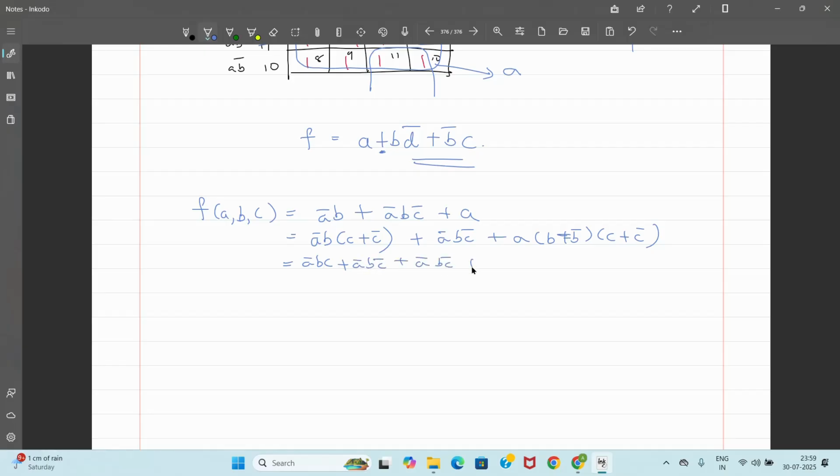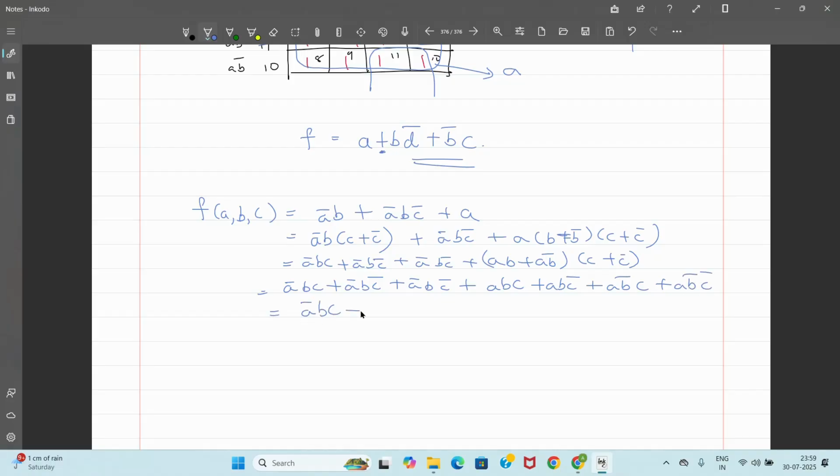So here you have these terms plus AB plus AB bar, then multiply with C plus C bar. So I'll get A bar BC plus A bar BC bar, A bar BC bar plus ABC plus ABC bar plus AB bar C plus AB bar C bar.